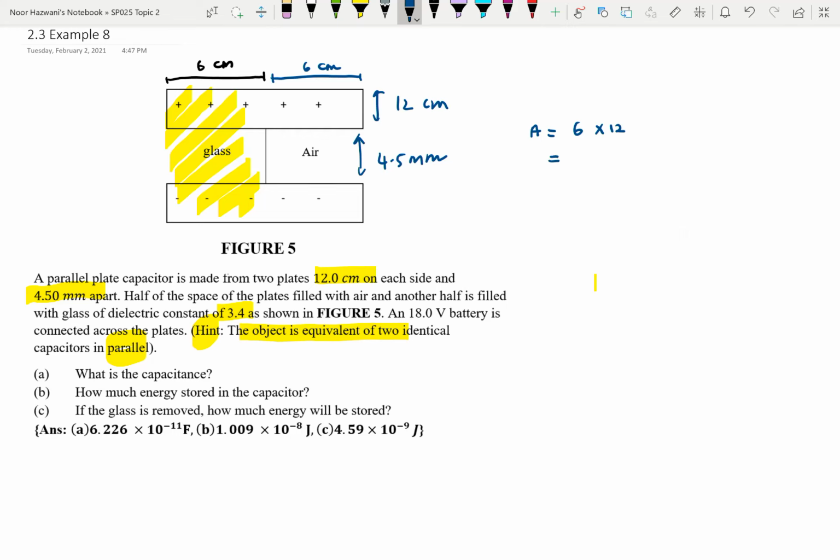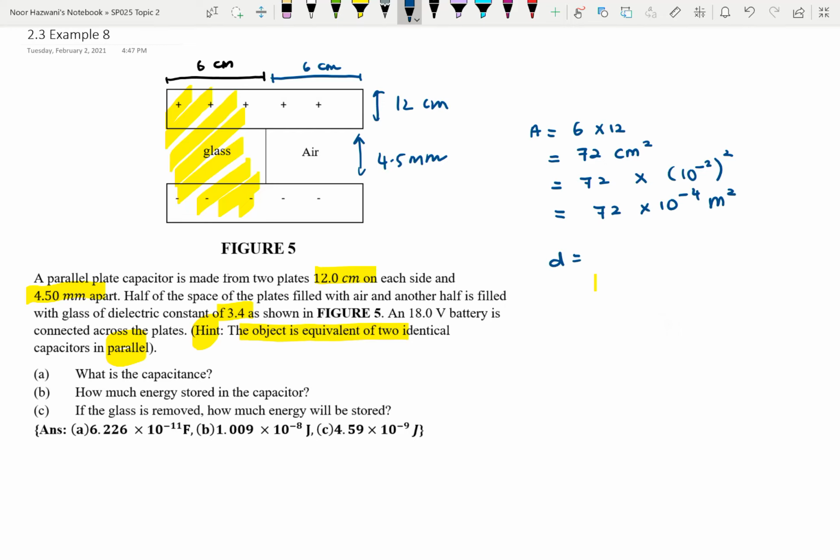Okay, so you akan dapat 72 cm squared, and then you convert kepada m, so you akan dapat 72 times 10 power of negative 2 squared. So you akan dapat 72 times 10 power of negative 4 m squared. Okay, so that's for the area.